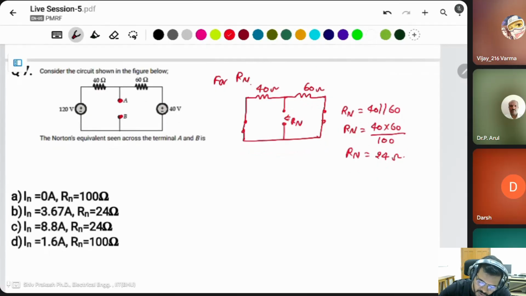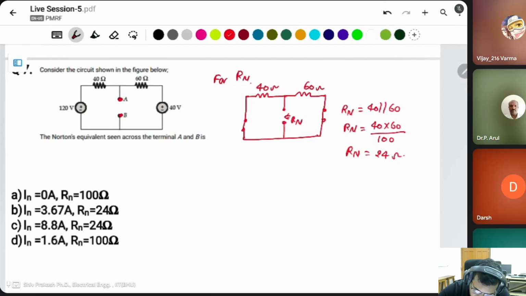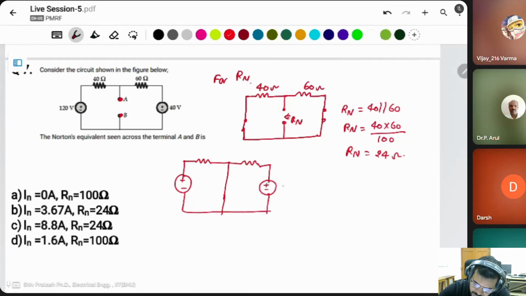For the In, we have to short circuit this one. This is 40 volt, this is 120 volt, 40 ohm, this is 60 ohm. You have to find the current in this branch. Sorry, In. This is short circuit, which means the whole current flows through it.